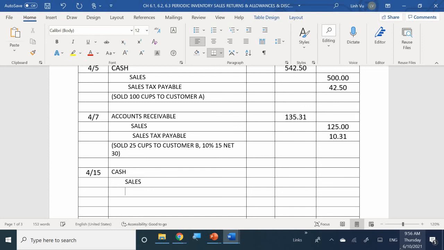Good. The sales will be $250. Okay, so sales was $250, you said? Yes. And the sales tax is $20.63. And then the cash debit is going to be $270.63.